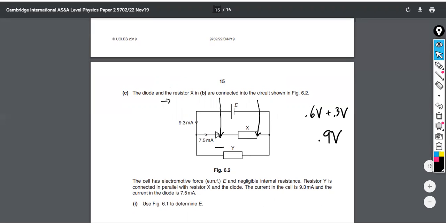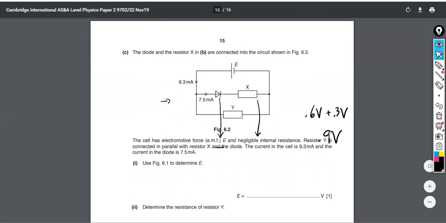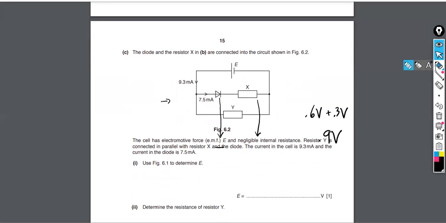So we can deduce the EMF must be equal to the sum of those potential differences, 0.9. So 0.9 volts is the correct answer here. Again, we calculate that by realizing the sum of the EMFs is equal to the sum of the potential differences. These are the potential differences for these components when the current is 7.5 milliamps, and we read that off of the figure like it asks us to do.